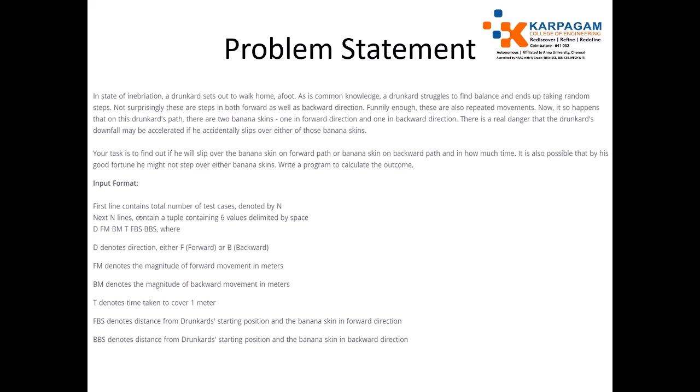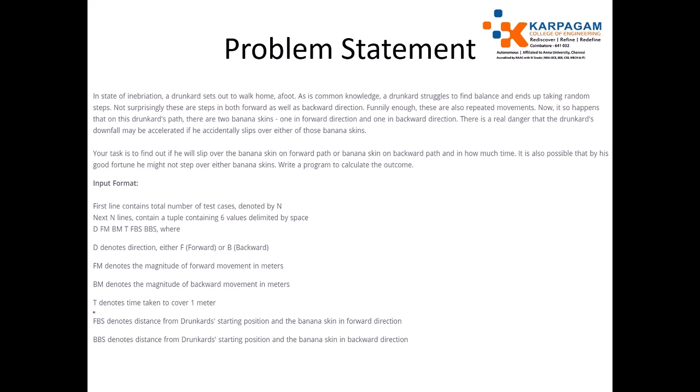So here the input format will be in the form of D, FM, BM, T, FBS, BBS. The first line we have to give is the number of test cases. Next line we have to give D. D denotes the direction, either forward or backward, either F or B. FM denotes the magnitude of forward movement in meters, and BM denotes the magnitude of backward movement in meters.